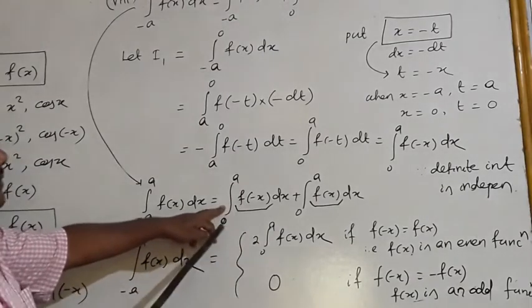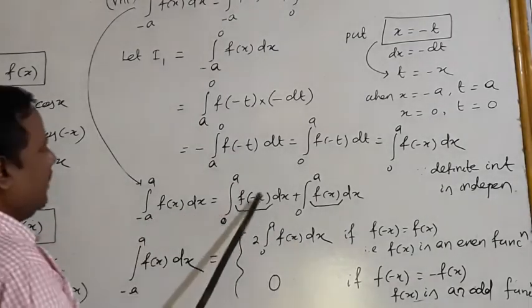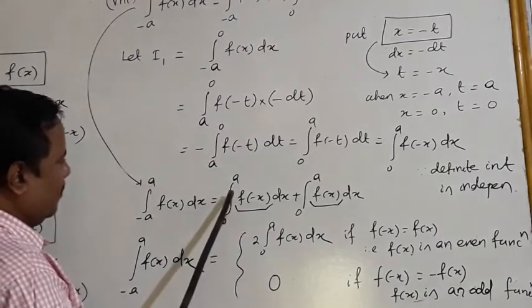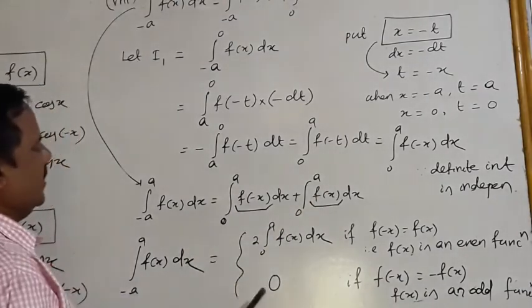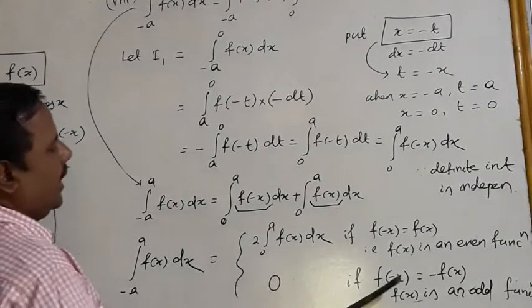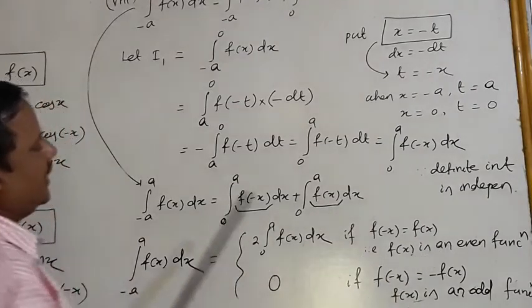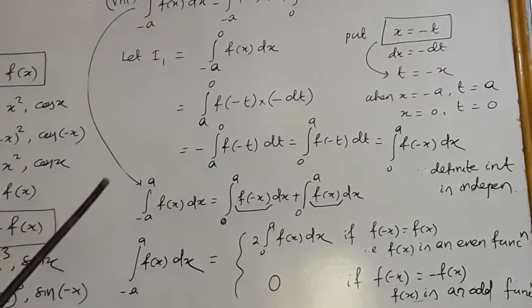Then this will cancel. So if f of minus x is equal to minus fx, then they will cancel each other and the result will be 0. And we know f of minus x is equal to minus fx when fx is an odd function.